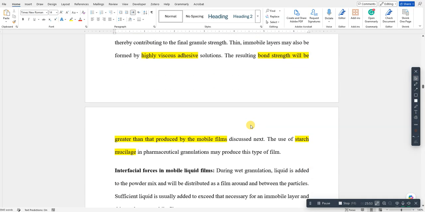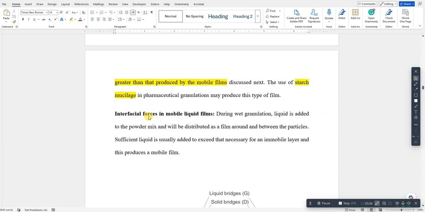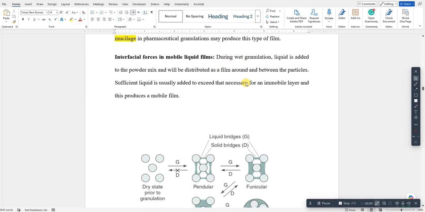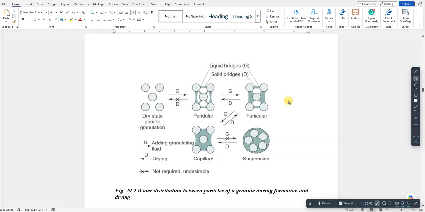Regarding the interfacial forces in mobile liquid film, this applies to wet granulation. And I want you to see here the different stages. You have here separate dry powder before wetting it.